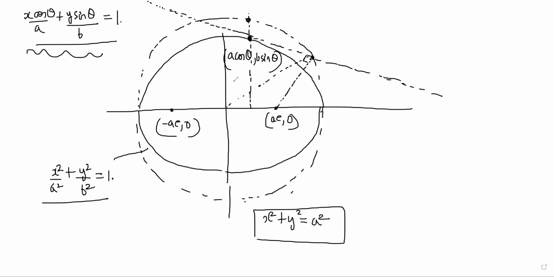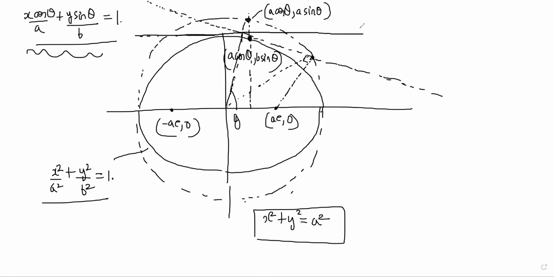This angle is theta basically. This point is a cos theta, a sin theta. One easy tangent would have been at the topmost point.